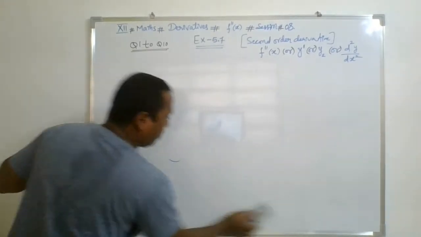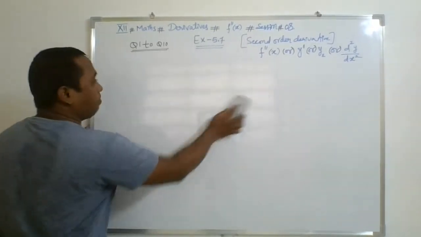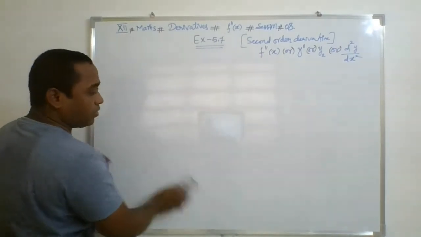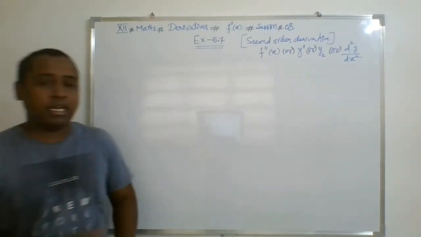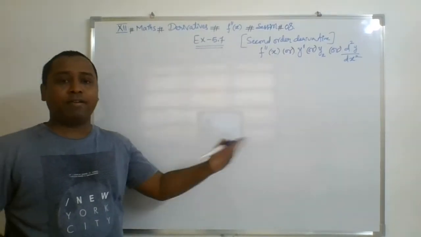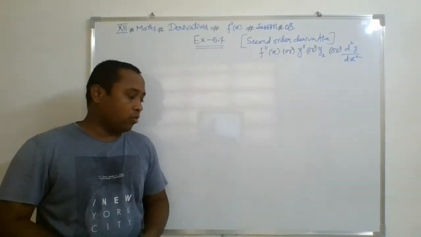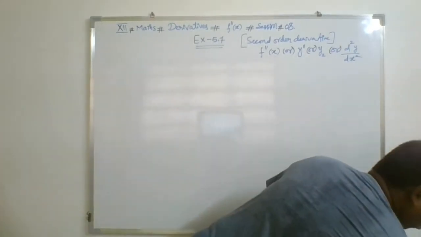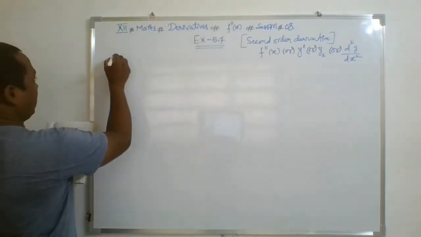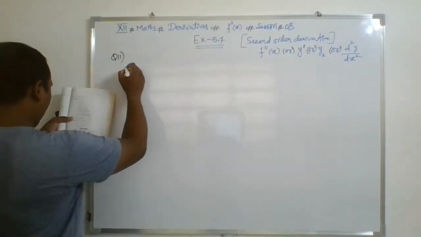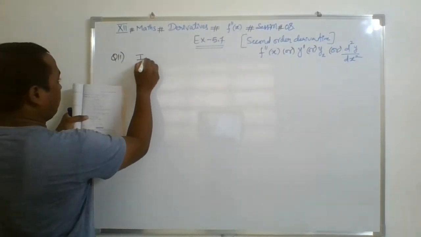So in questions 1 to 10, it's simple. You can carry on this way and simply get the answers. Thereafter, from question number 11 onwards, you will see that questions are asking like prove that. I am taking question number 11 just to understand what they are asking.